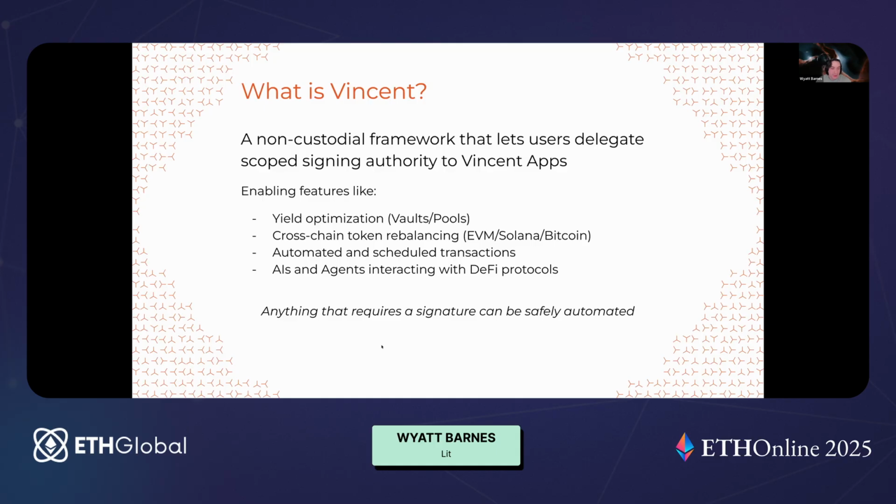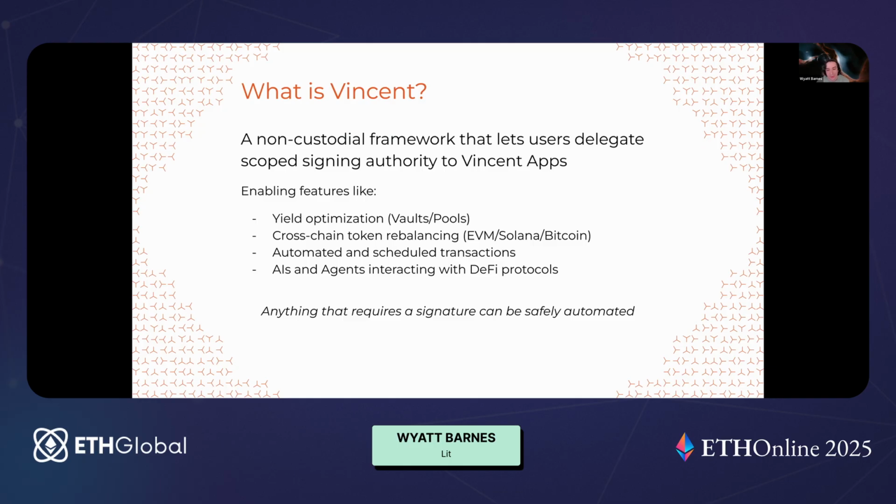Next up is what is Vincent? So at a high level, it's a non-custodial framework that lets users delegate scoped signing authority to Vincent apps. And so that means that Vincent apps can offer some sort of service. Basically, it's going to say, if you delegate me access to these Vincent abilities, which we'll get into in a second, I'll be able to perform this service for you on your behalf.